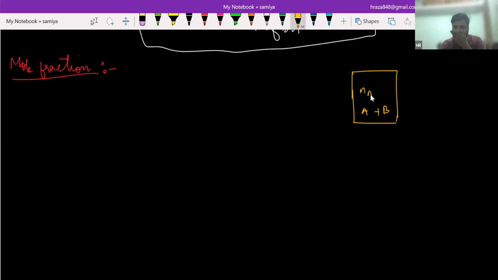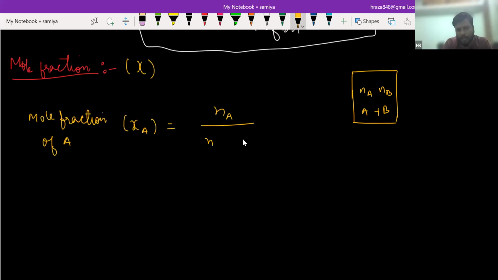This is number of moles of A and this is number of moles of B, and this is represented by chi. So we have a formula for mole fraction of A. That means chi A is equal to number of moles of A upon number of moles of A plus number of moles of B.